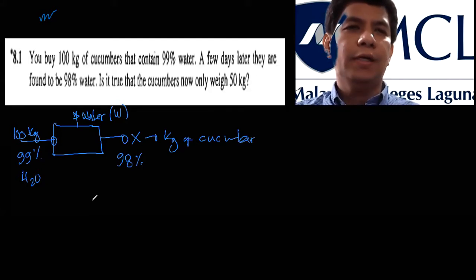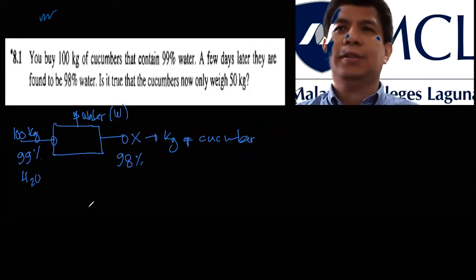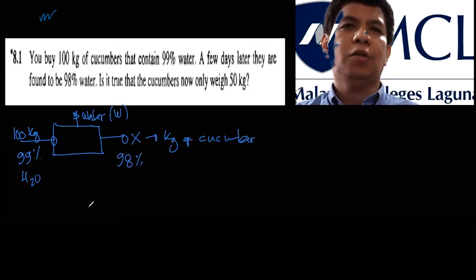So basically, we're going to perform overall mass balance, and then water balance, and then solve for X. And then try to find out if X is equal to 50 kilogram. So if it's not equal to 50 kilogram, the answer will be no. And if it's 50 kilogram, the answer will be yes. That's all, it's that simple.